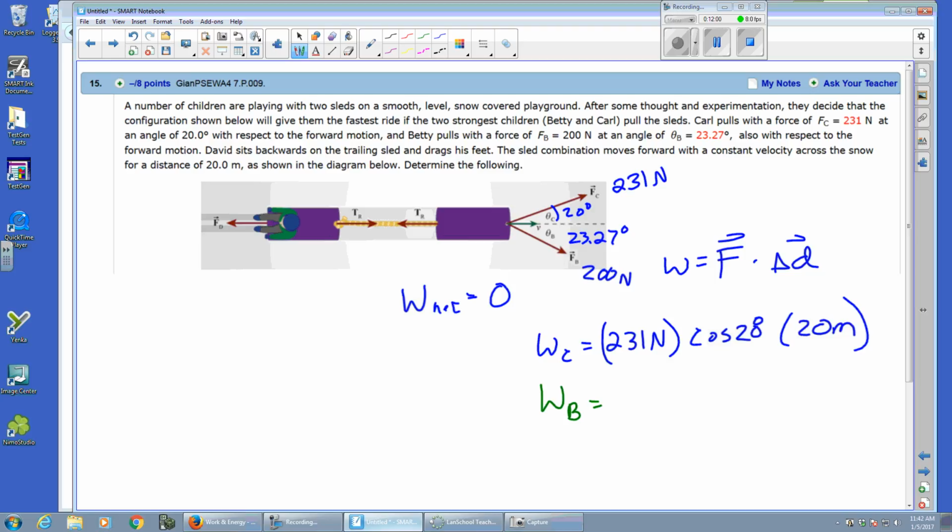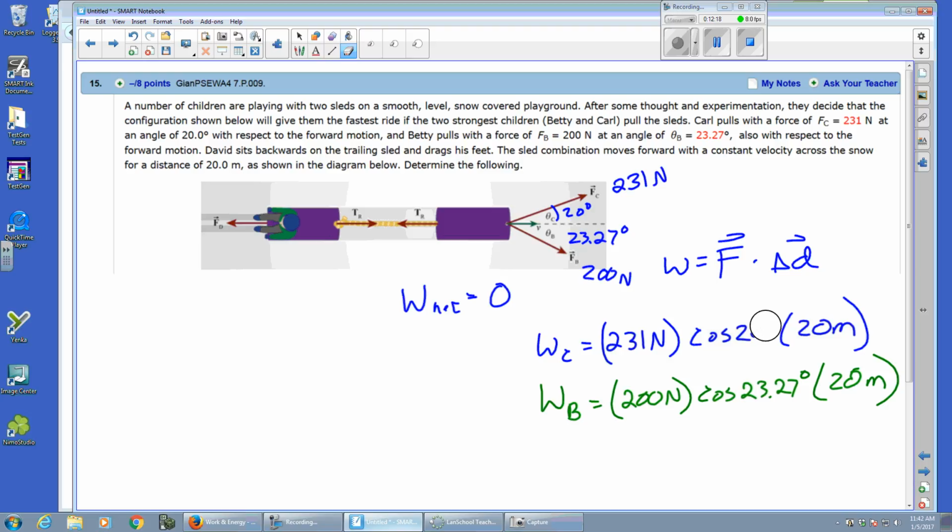Work by Betty will be her 200 newtons, cosine 23.27 degrees, and then 20 meters. I'd written it 2 hastily and then added the 0. Better?